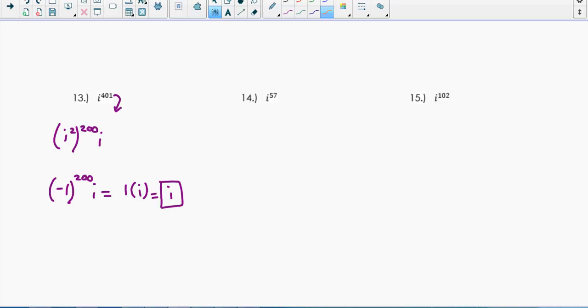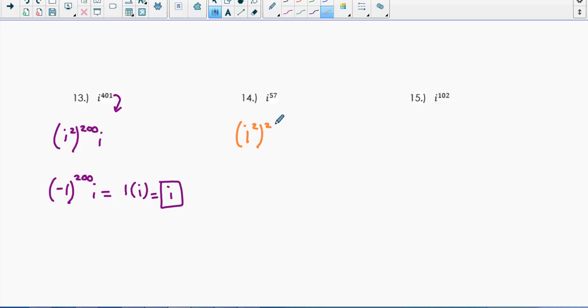So i to the 57th. That's the same as i squared. Notice I'm starting every problem the same. And I can raise this to something that gets me close to 57, but not exactly 57. So let's see, that would be to the 23rd. Nope, not 23rd.